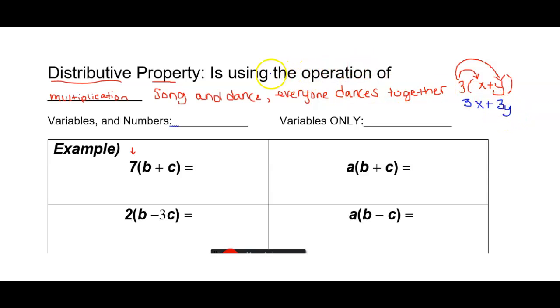Now let's talk about what happens when you distribute. You're going to either be distributing variables or numbers, or you'll be distributing a combination of both.